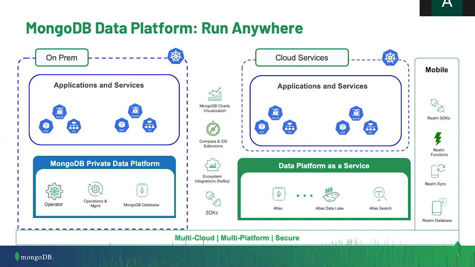So from our perspective, if our customers run application services on-premise in one of the Kubernetes distributions, like OpenShift, PKS, Diamanti, or straightforward upstream Kubernetes, in that case we are providing MongoDB private data platform. It is also built on top of Kubernetes, as we recognize that Kubernetes is the best platform to do so.